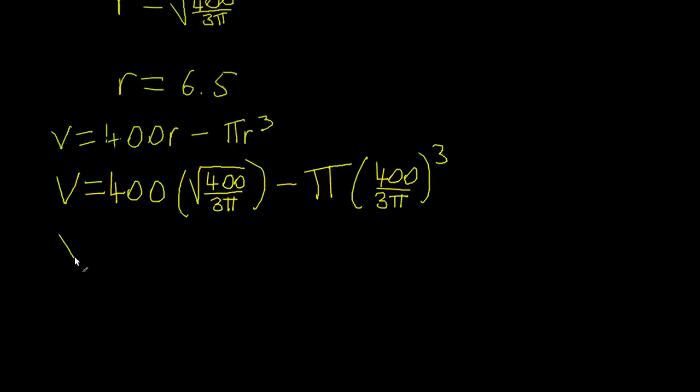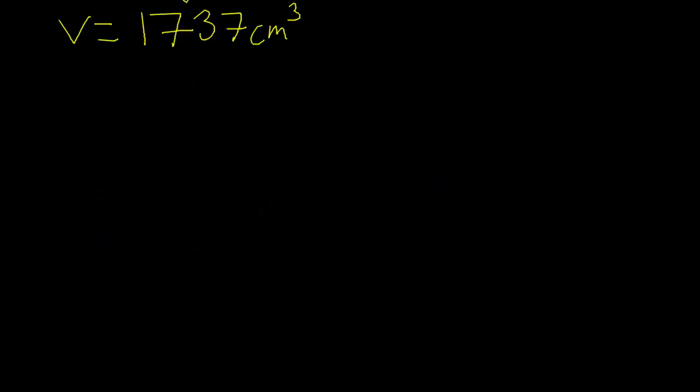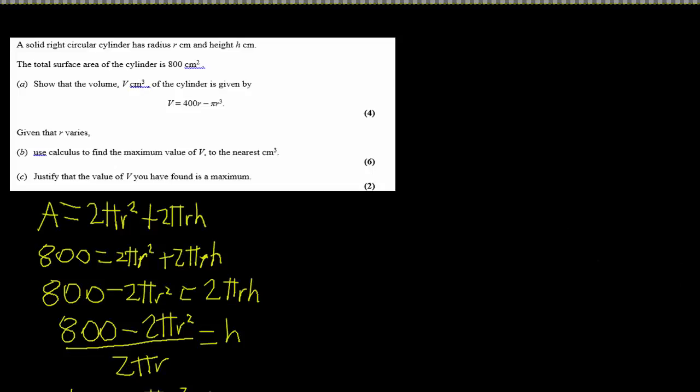If we put that into our calculator, it will give us the volume to the nearest centimetre is 1,737 centimetres cubed. So that will answer part B. We have found the maximum volume of our cylinder.